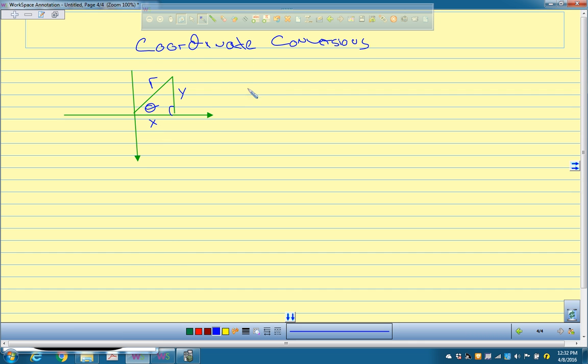we know that the sine of theta is equal to what over what? Sine of theta is y over r, right? Which means that y can be written in polar form as r sine theta. And cosine theta is x over r, so x in polar form can be written as r cosine theta.